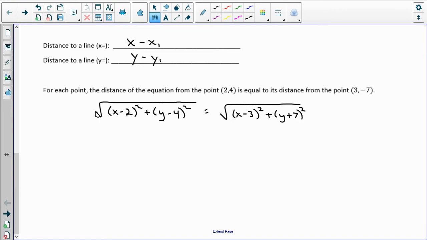Notice, equal to means that the two distance formula expressions are going to be set equal to each other, because those distances are equal. Since those distances are equal, we end up having the terms equal.